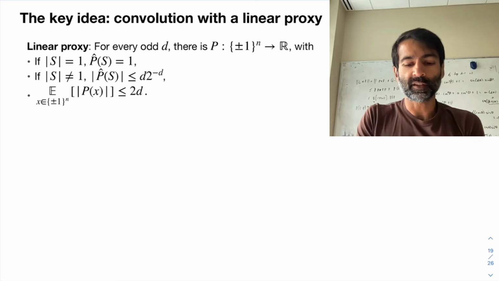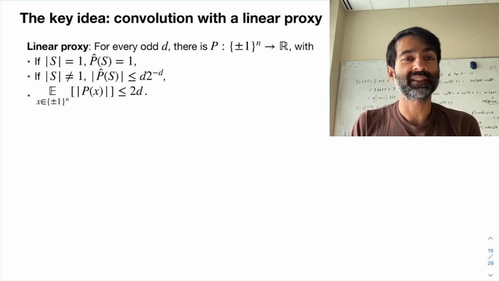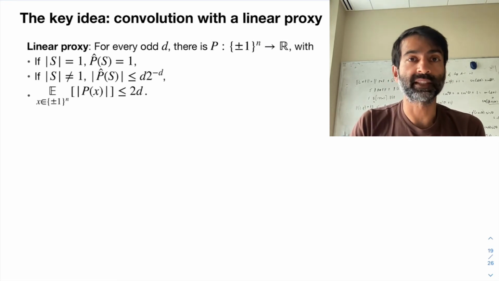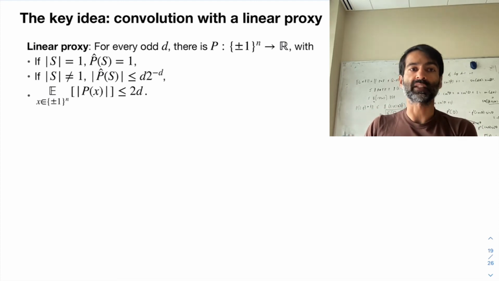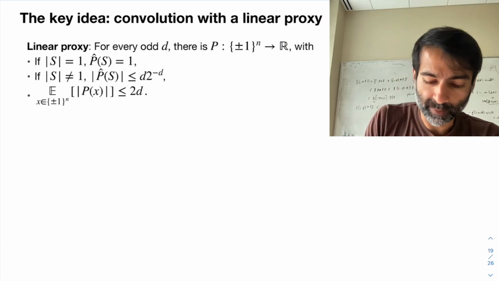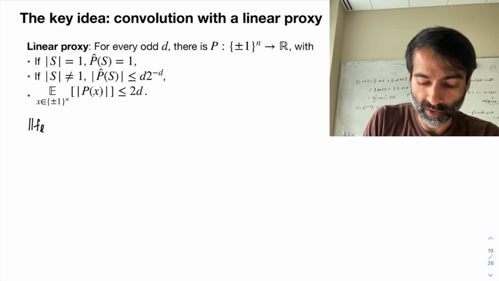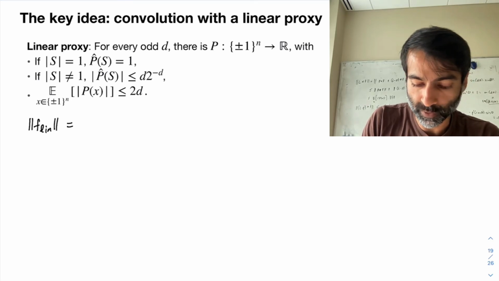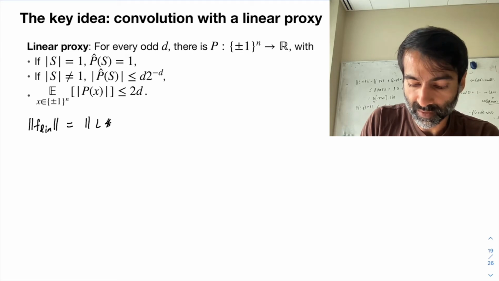So let me first start by showing how this linear proxy can be used combined with the ideas we've already seen to prove Pisier's inequality. So we want to bound the norm of the linear part of f, which as before I can express as the convolution of L with f.